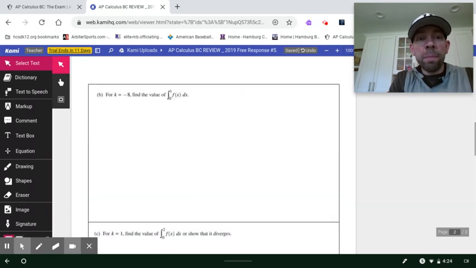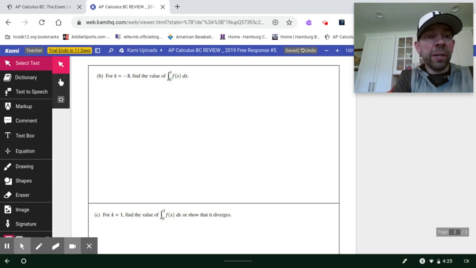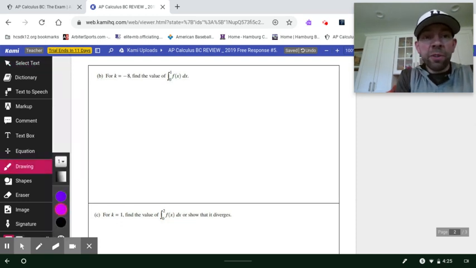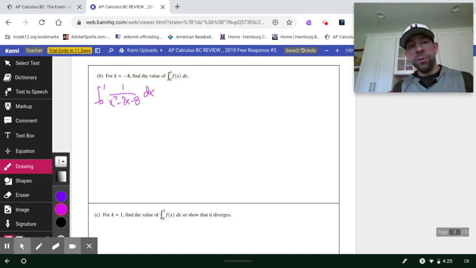We're going to get into some BC specific material here. The first thing we want to do is integrate 1 over x squared minus 2x minus 8 with respect to x. Right off the cuff, there's no u substitution that's going to bail me out. If I let u equal the denominator, it doesn't lead anywhere prosperous.